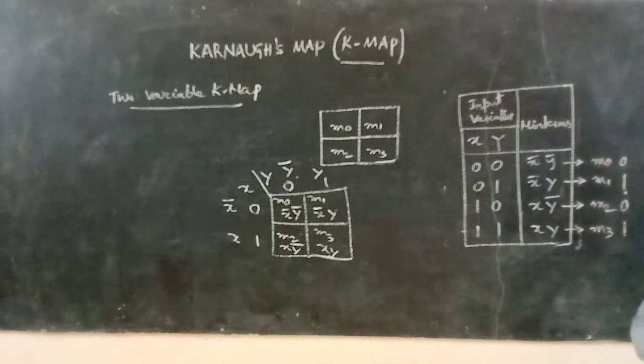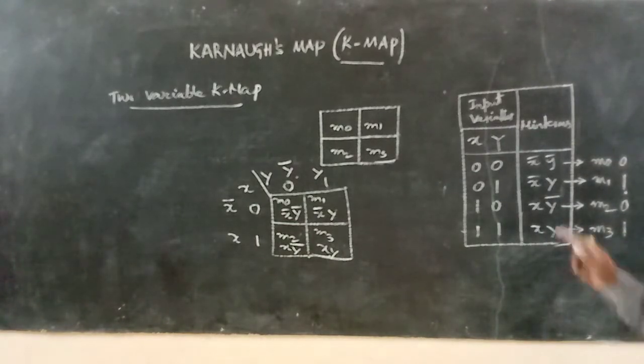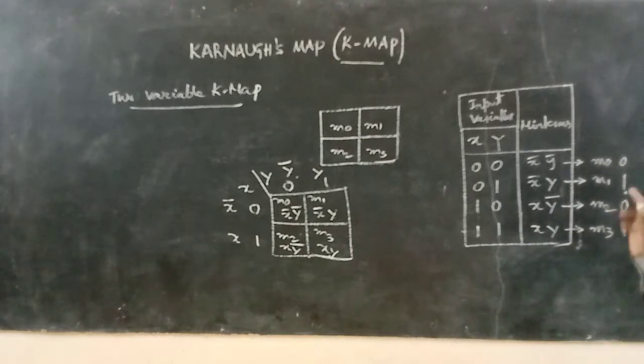In SOP form, for the min-terms you have to consider only the product terms, that means the ones. That was told earlier for the SOP expression. So take the 1, 1.